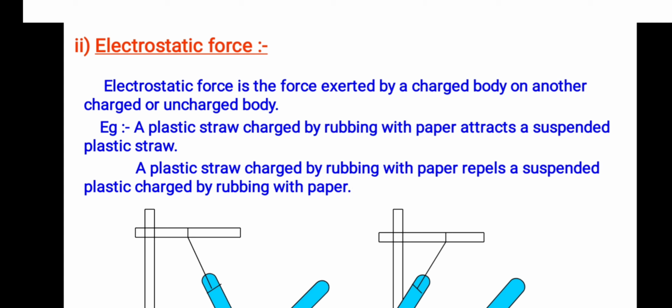Nowadays, the tires of cars and trucks are made by adding some carbon compound to the rubber. This facilitates the charge built up on the body of the vehicle to leak to the ground. Okay. These are important points.